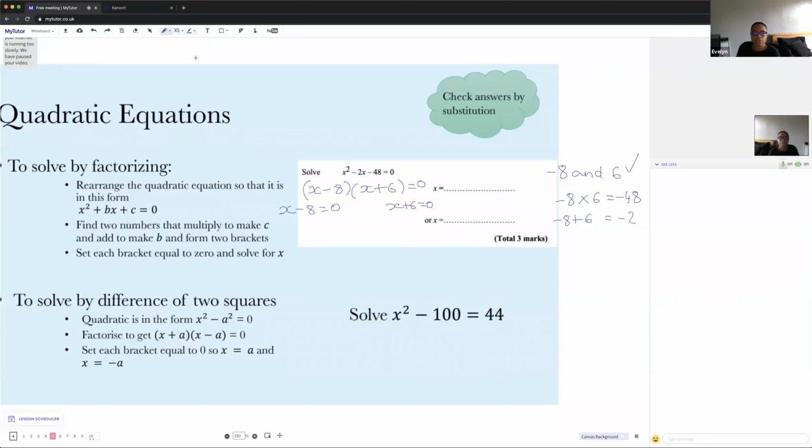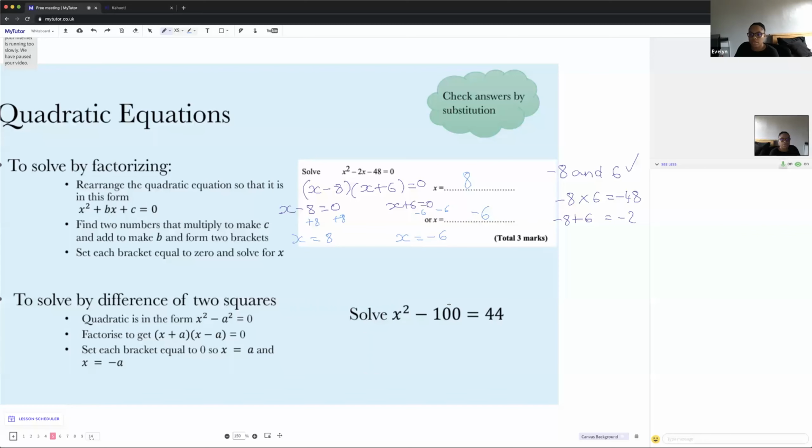And then we're going to solve. On the left hand side, we need to add 8 to both sides, so we get x equals 8. On the right hand side, we need to subtract 6 from both sides, so x equals -6. So you should get x equals 8 and x equals -6 to get full marks.